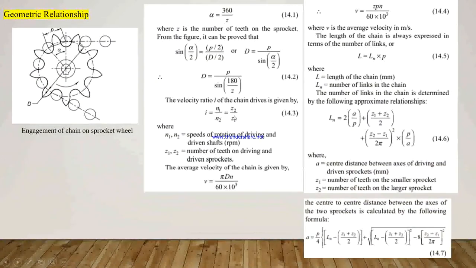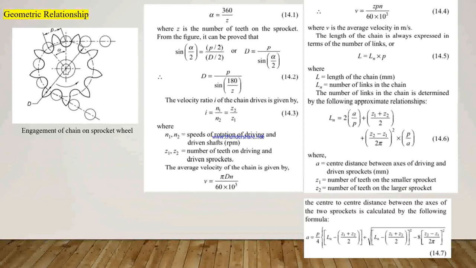The velocity ratio i of the chain drive is given by i = N1 divided by N2 = Z2 divided by Z1, where N1 and N2 are the speeds of rotation of the driving and driven shafts in RPM, and Z1 and Z2 are the numbers of teeth on the driving and driven sprockets. The average velocity of the chain drive is V = pi D N divided by (60 x 10^3), where V is the velocity in meters per second.